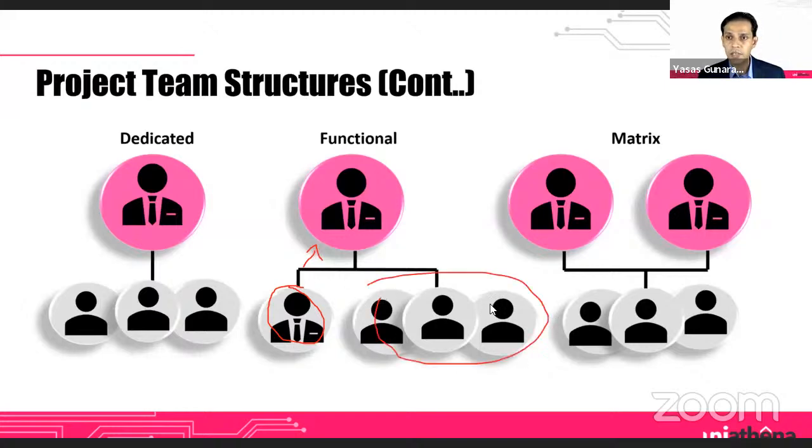But if you look at a matrix team, you would have a project manager and a functional manager working hand in hand, because there will be different functional managers, and the project managers and functional managers have equal responsibility in a matrix team structure, and the project team is below.